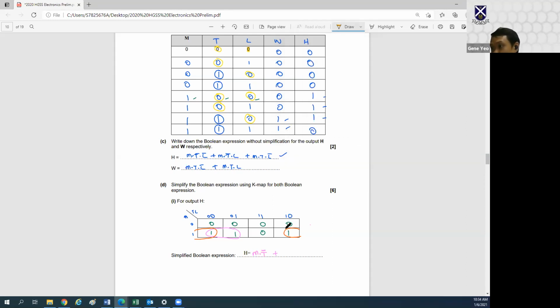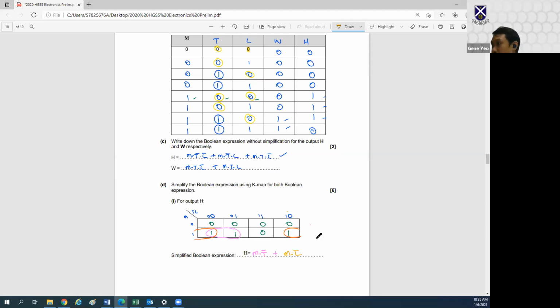Same thing: moving from here to here, the M does not change, so I still want M. T changes from 1 to 0, so I don't want T. L stays at 0, so I do want L, but since L is 0, I want the complement of L.